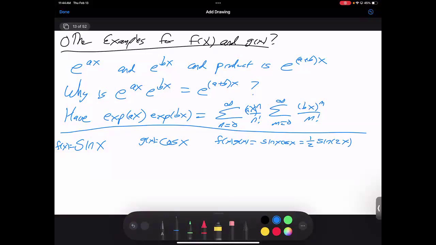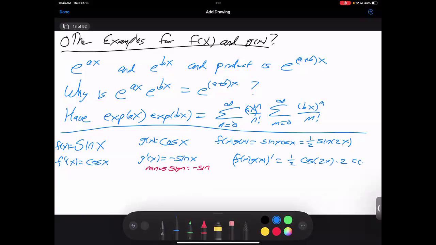And so now we get f prime of x is the derivative of sine, which is cosine of x. g prime of x is minus sine of x. And the mnemonic I like to use is you have to remember where to put the minus sign. It's minus sine. That's where the derivative goes. And now (f of x times g of x) prime is going to be 1/2 times the derivative of sine, which is cosine 2x, times 2, which is cosine 2x.